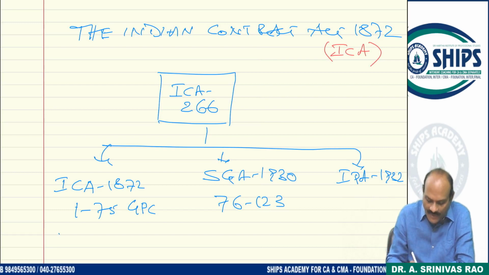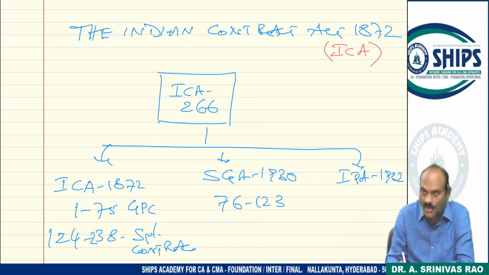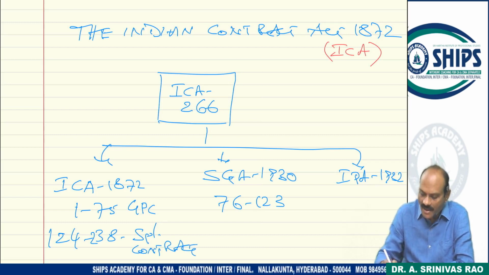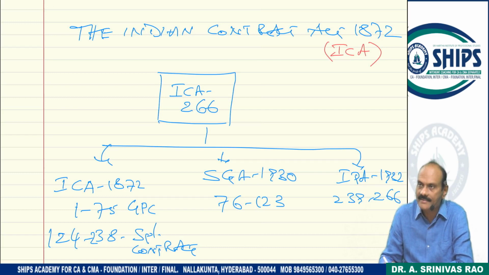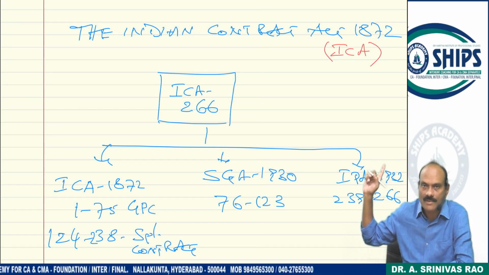And again, section 124 to section 238 deals with special contracts. This you don't know, we have to learn this. And section 239 to 266 of the Contract Act is transferred to the Partnership Act 1932.